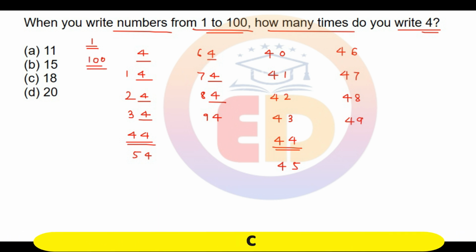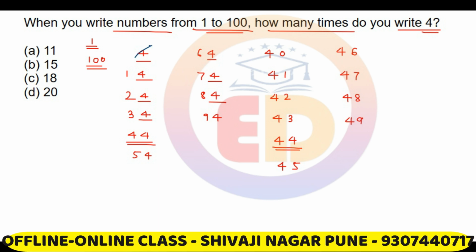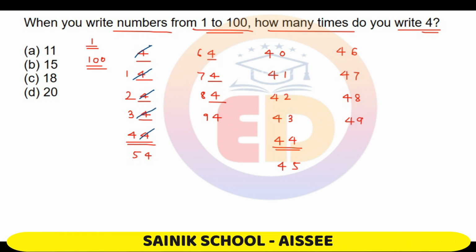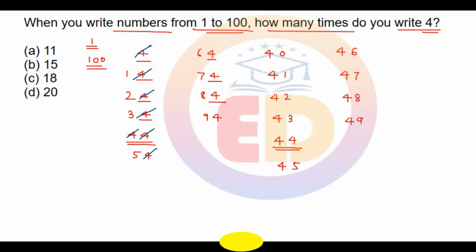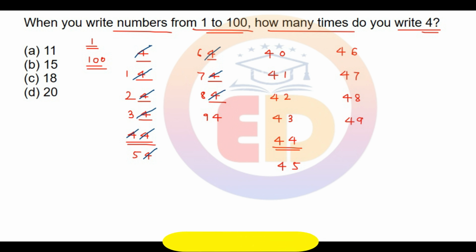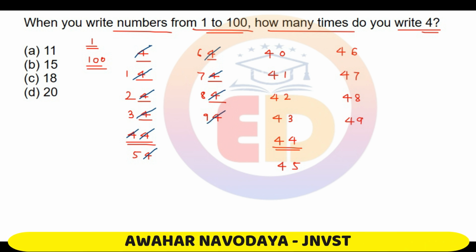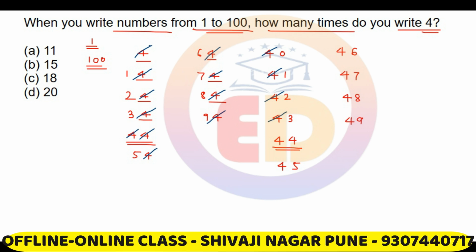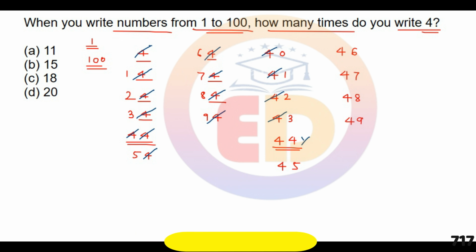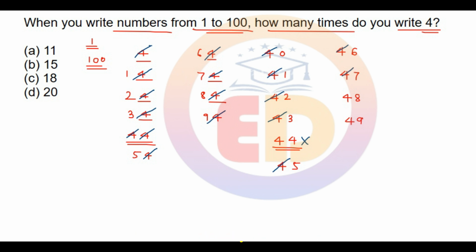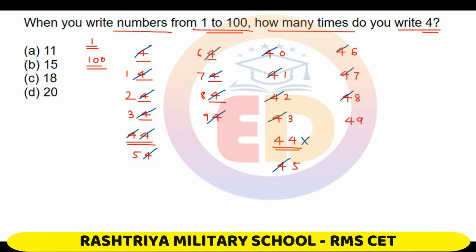Let us count them. 1, 2, 3, 4, 5 and 6, 7, 8, 9, 10, 11, 12, 13, 14, 15. We will not count 44 again because we have already counted it, so ignore this. 15, 16, 17, 18, 19 and 20.